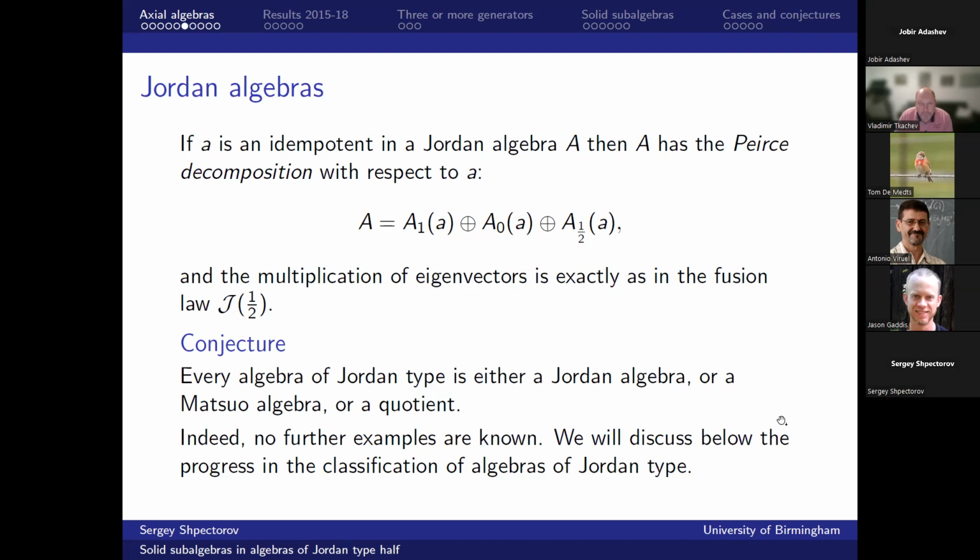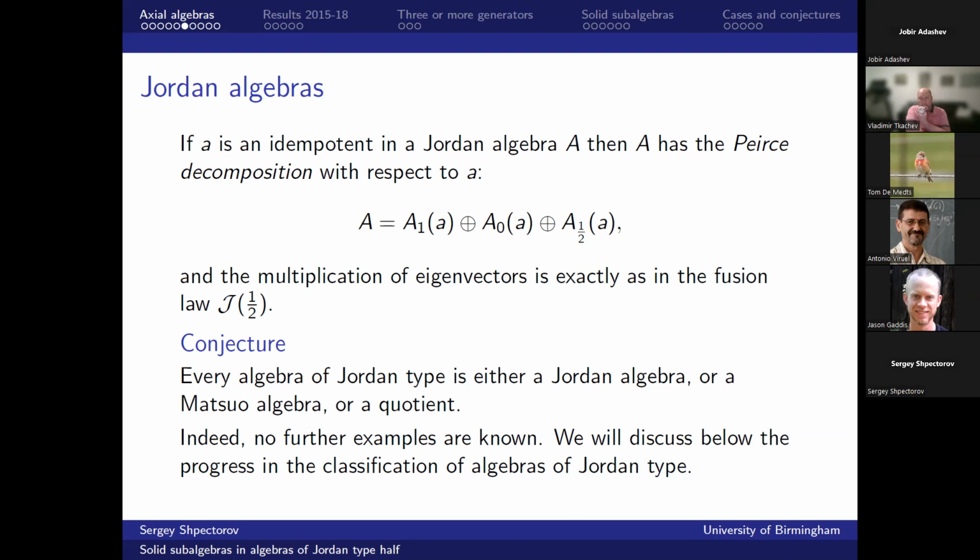So Matsuo algebras tend to be simple, but they sometimes have some ideals, infrequently, and so they may have quotients, and quotients of Matsuo algebras are algebras of Jordan type, but they are not Matsuo, so we need to add this as a special case. And quotients of Jordan algebras are Jordan algebras themselves, so we don't need to do the same for Jordan algebras.